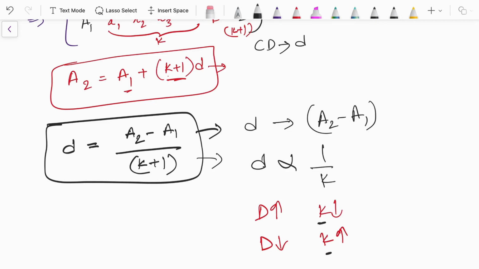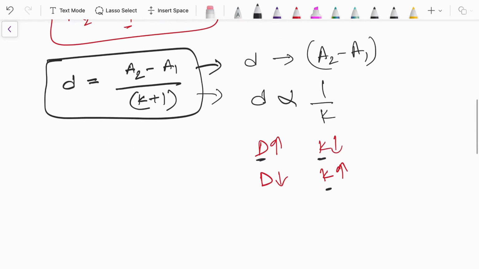That is, we need to minimize the number of elements that we insert in between. That means we'll have to find a common difference D as large as possible, so that the number of insertions in between will be as low as possible. This applies to every pair of adjacent elements.